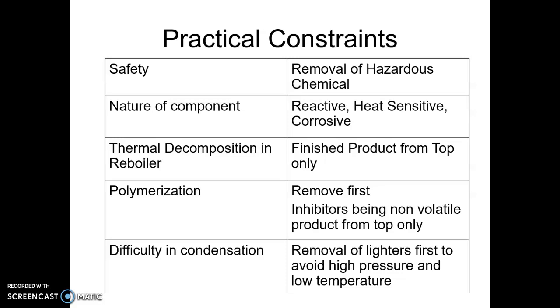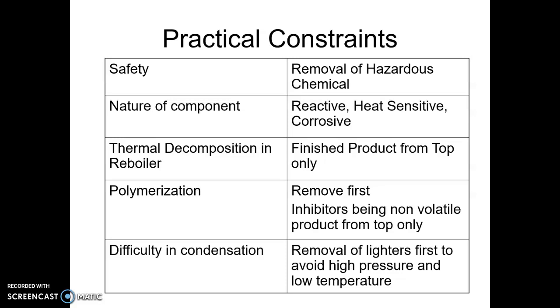So we'll try to remove all the sequences wherein this kind of species is not removed at the earliest, or we would prefer the sequences where this kind of chemical is removed as soon as possible, within its boiling point limitation. Same way, we have some components which are highly reactive, some of them are highly heat sensitive, some of them are corrosive.